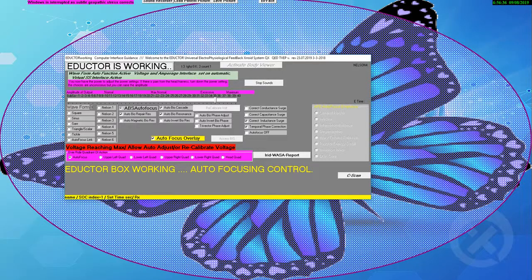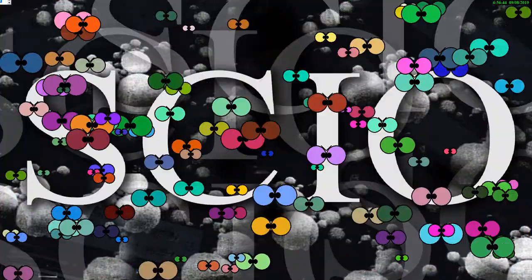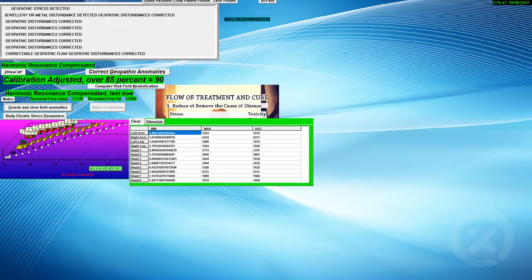And the system will adapt to the level of reactivity of the client. It lasts 1.5 minutes. And then this is done.